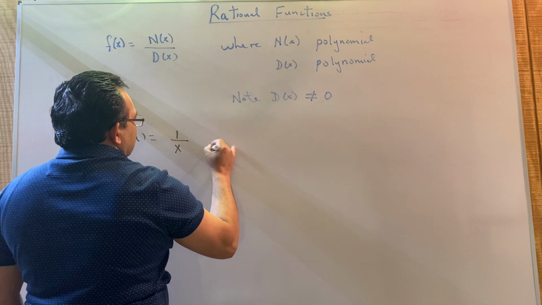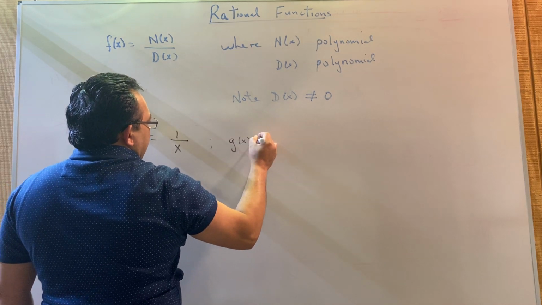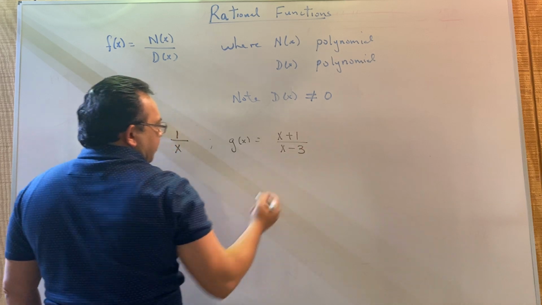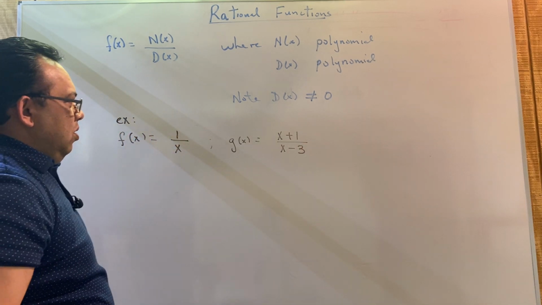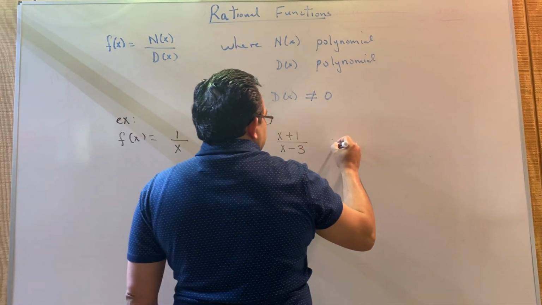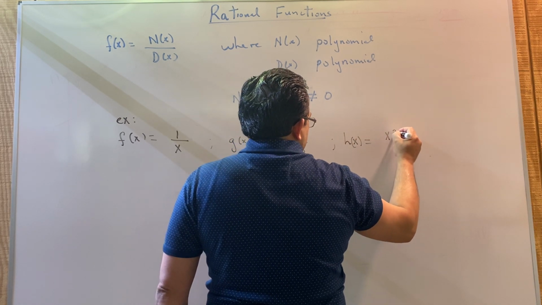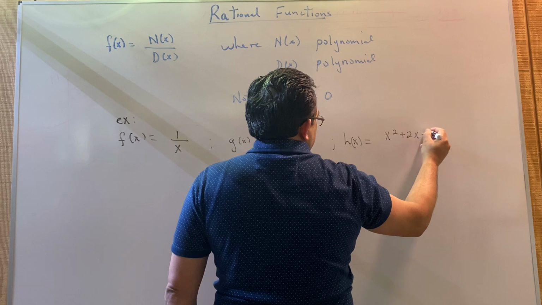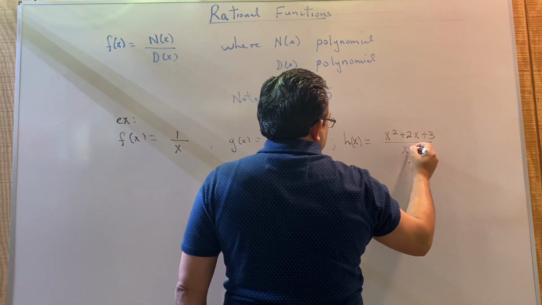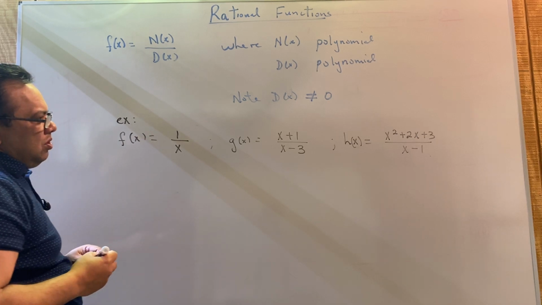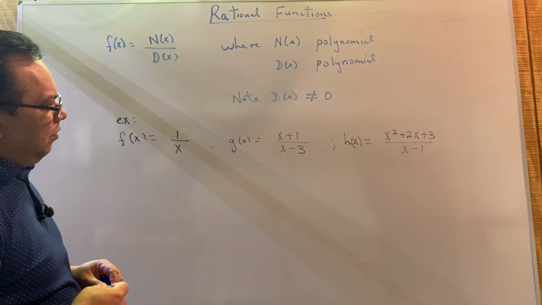Or we can have g of x is x plus 1 over x minus 3. Or we can have h of x is equal to x squared plus 2x plus 3 over x minus 1. These are all examples of rational functions.